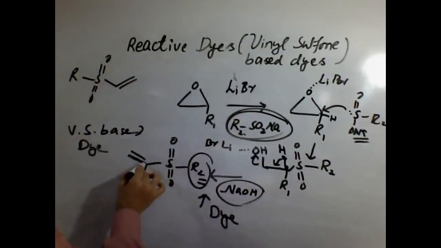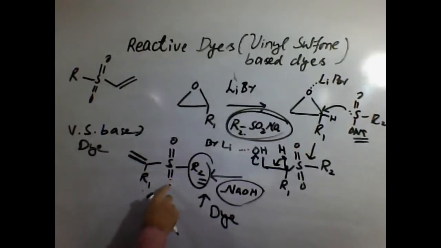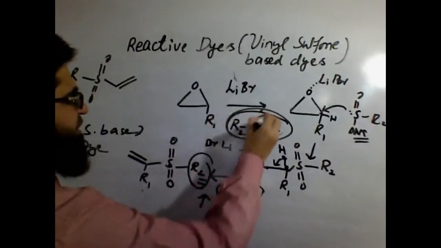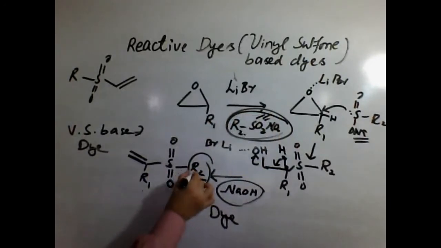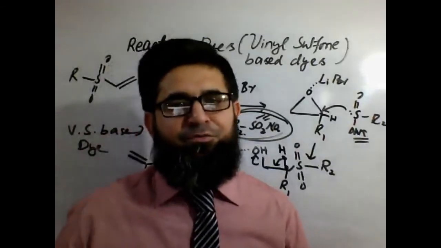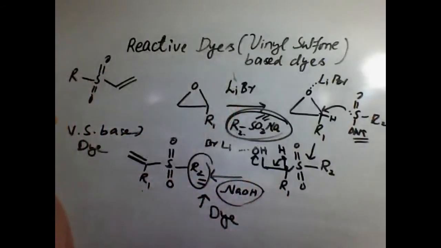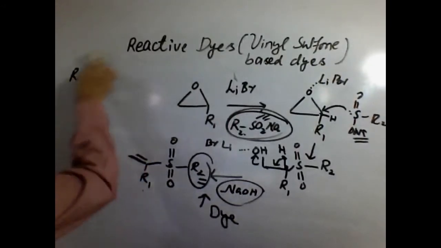The generation of the double bond produces vinylic functionality. The sulfone group is already present from the starting molecule. So this is called a vinyl sulfone-based compound. However, if this R2 belongs to a dye, then it will be a vinyl sulfone-based dye. I can give you an example of a vinyl sulfone dye formation.